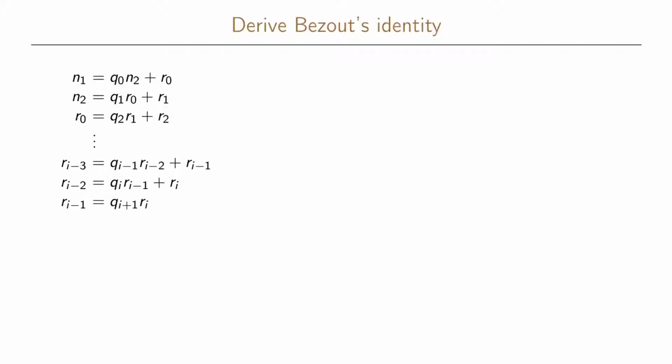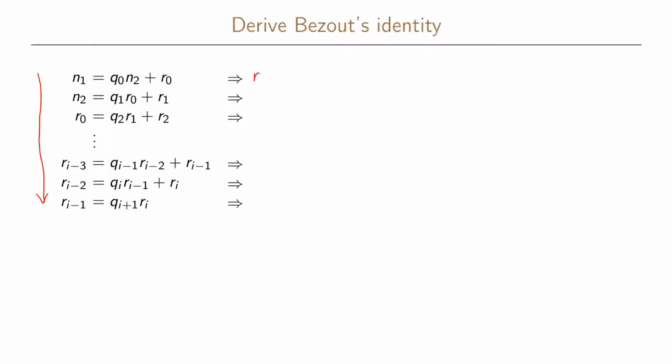Recall that from Euclid's algorithm, what we did there was to use Euclid's division theorem to iteratively write the remainder in this way. So what we can do now is take Euclid's algorithm and rewrite the different steps in the following way.